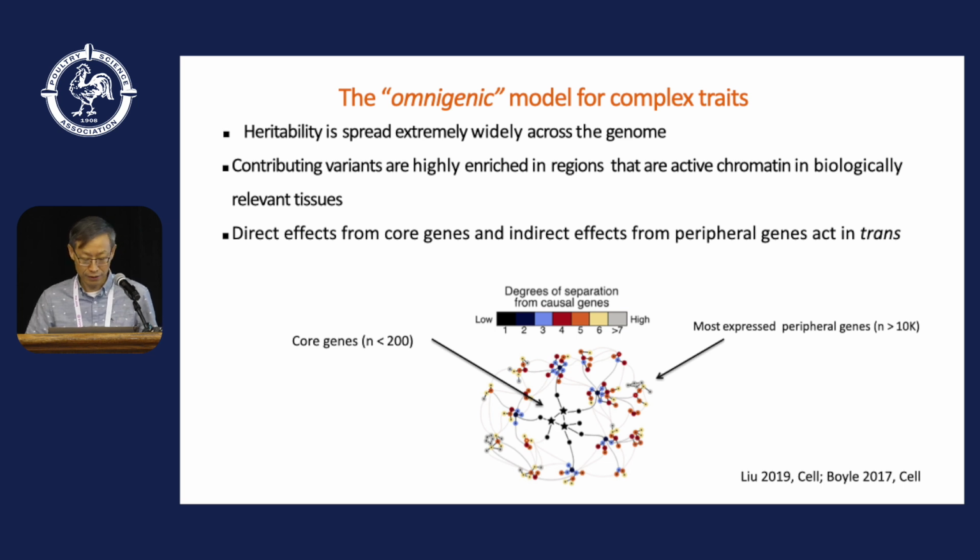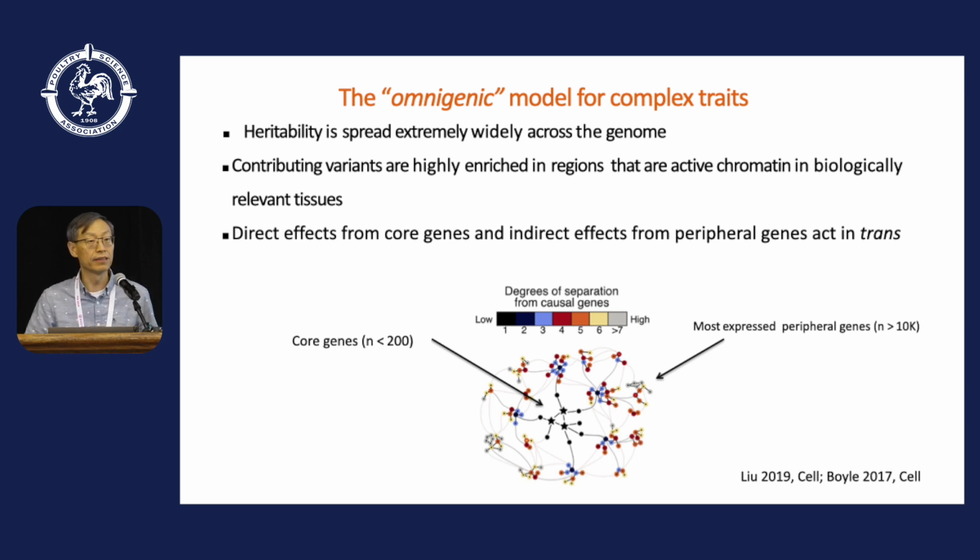If you look at this figure, this model says there are a couple hundred so-called core genes that contribute to the complex traits, and then more than 1,000, maybe 10,000, so-called peripheral genes in the surrounding area. They interact with the core genes, and that is how they contribute to the genetic control of the complex traits.